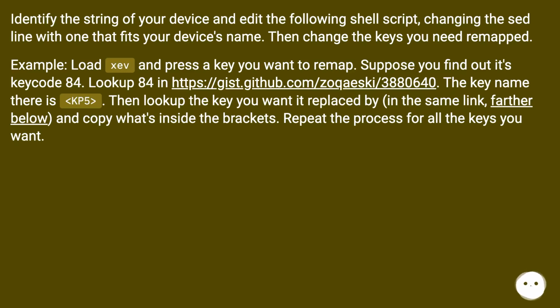The key name there is. Then look up the key you want it replaced by in the same link farther below, and copy what's inside the brackets. Repeat the process for all the keys you want.